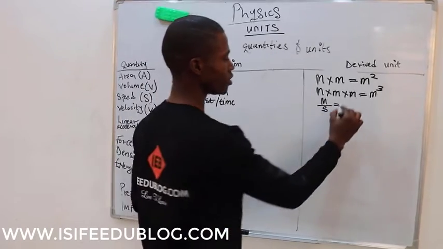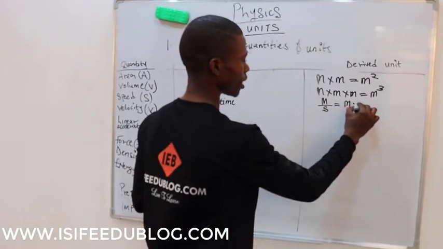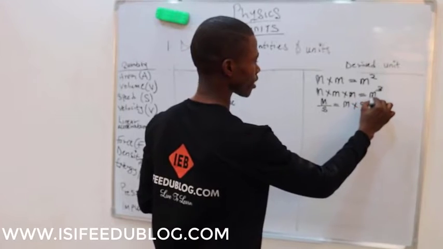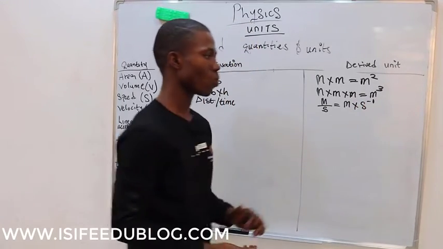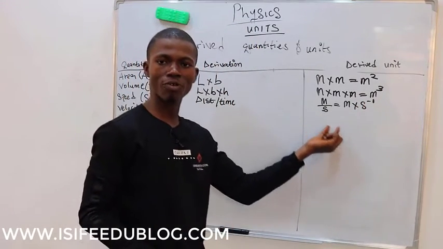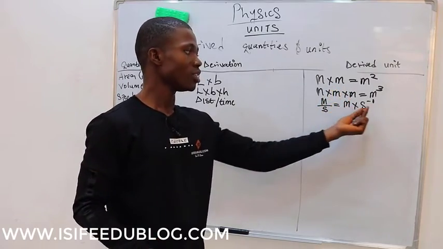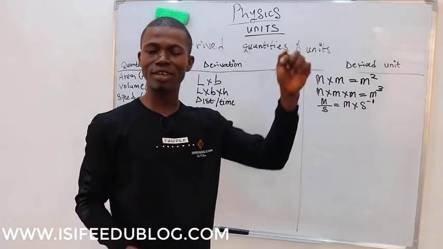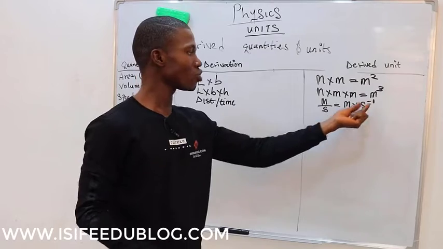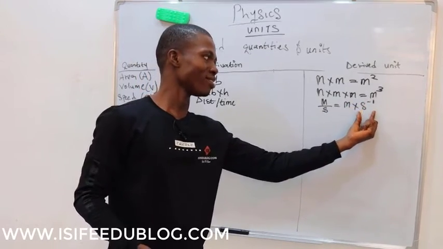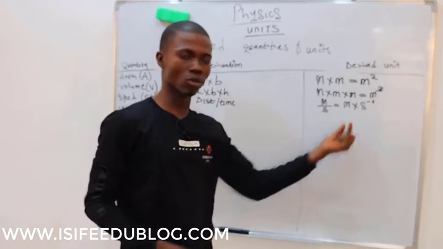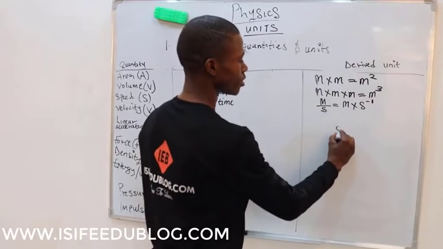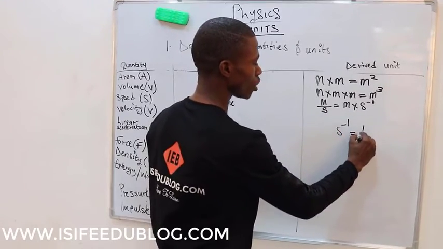This also means meters times seconds raised to power minus 1. Once this seconds is coming from the denominator, it adopts a negative 1. It will be raised to minus 1. This also means that it's at the denominator, because s raised to minus 1 is 1 over s.